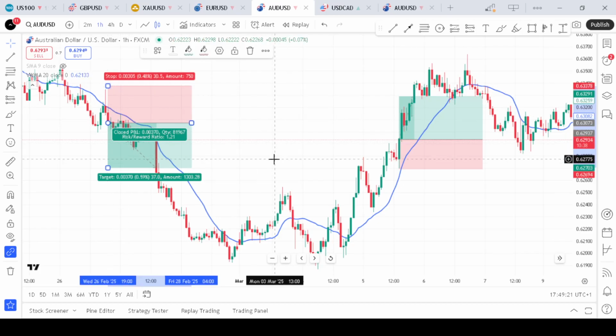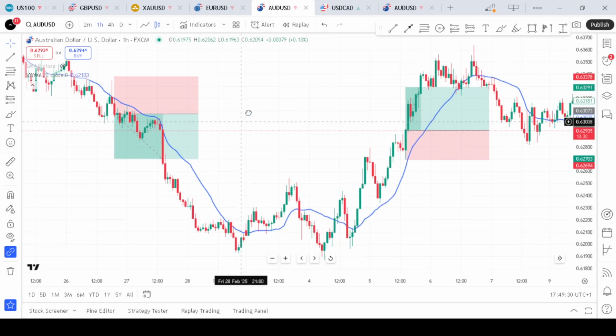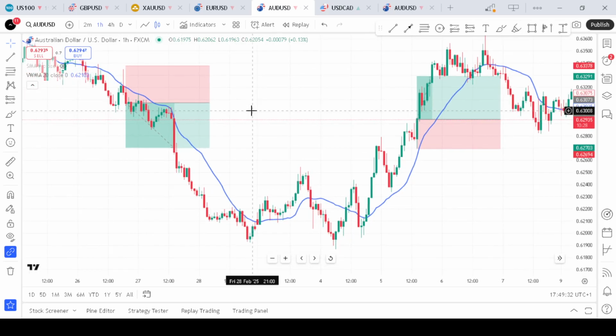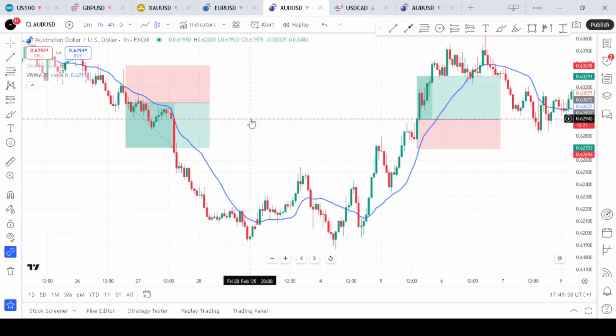The strategy works best in a trending market where momentum aligns with the volume. It is less effective in range-bound conditions or during periods of low trading activity. So always ensure that you're trading with a clear trend before applying your approach.